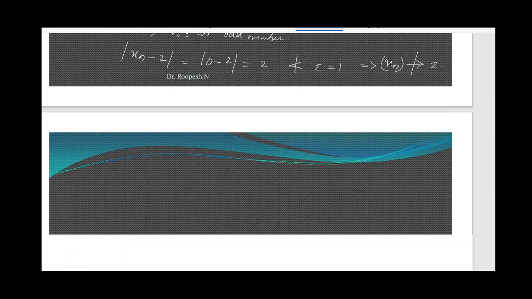In the same fashion you can check for some other sequence also. In your textbook one more sequence is given. Second example. Consider the sequence 1, 2, 3, and so on up to n, right?